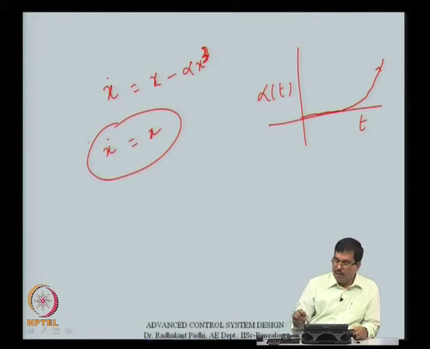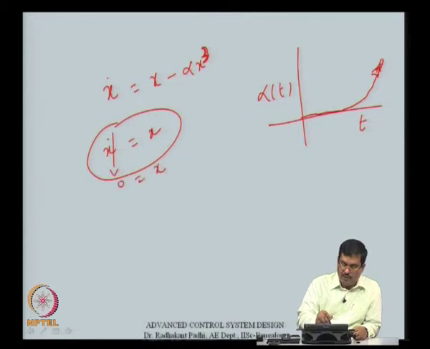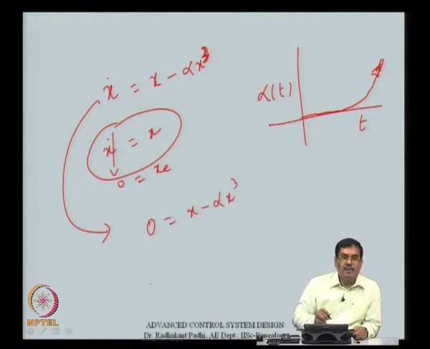But when alpha starts moving up, we cannot do that. So, we go back and say, initially my equilibrium point was x equal to 0. If I put this to 0, that is equal to x, my one equilibrium point. But when I go back and talk about 0 equal to x minus alpha x cubed, then depending on alpha, the solution will be like that, x into 1 minus alpha x square.